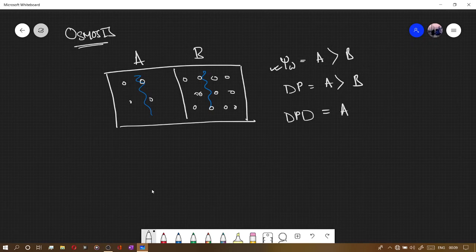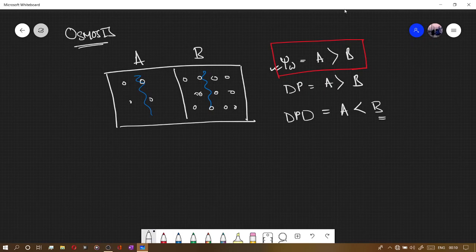So A has less diffusion pressure deficit than B. The equation we will be focusing on this time is this one. As per the diagram, psi W of A is greater than B.